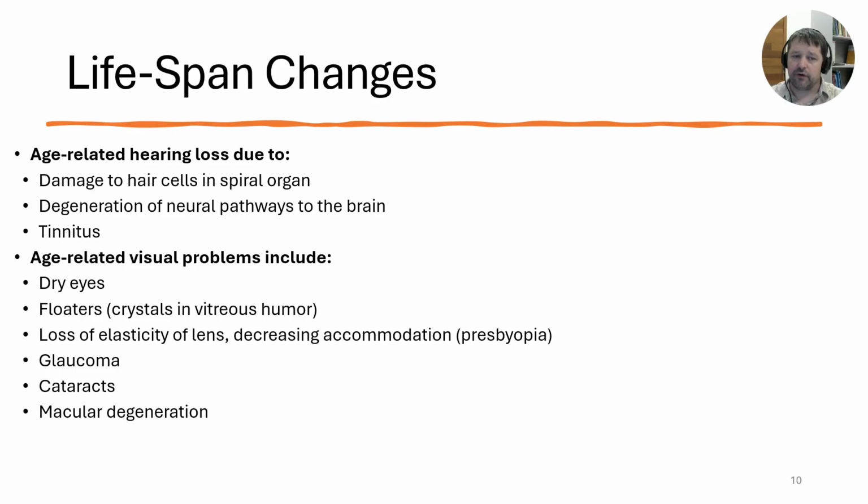Glaucoma, cataracts, macular degeneration, all of these affect different regions. Okay, the macular degeneration, the macula, is that kind of yellow spot in the eye where you have a high concentration of cones, and it's really a major focal point of the eye.